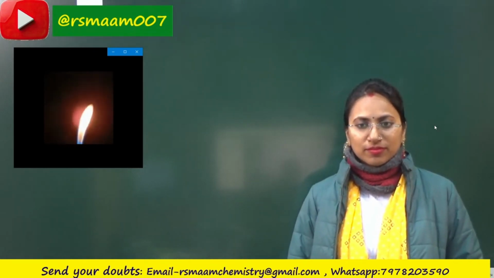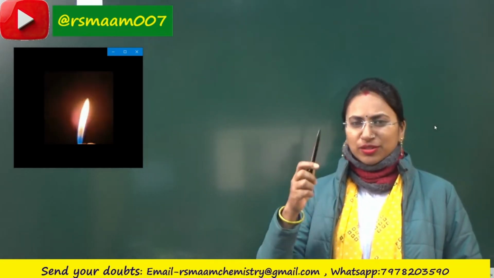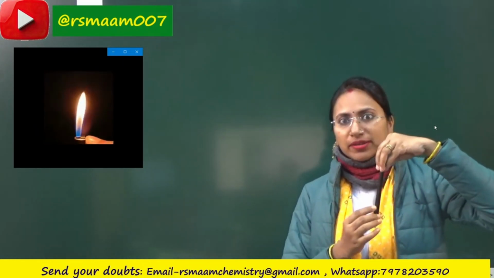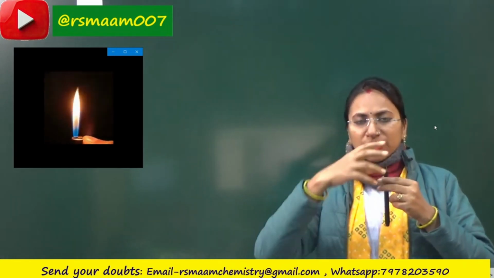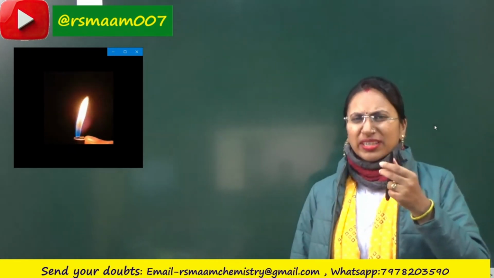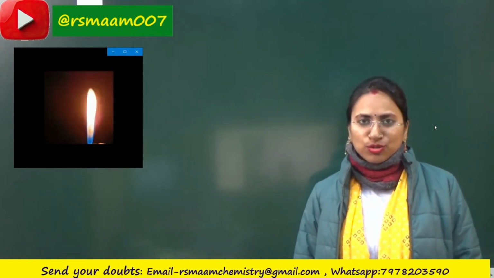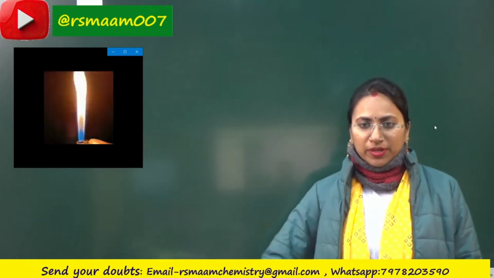Innermost will be the wax part, just outside the wick. The wick is actually carrying the fuel, and just near that is the part which is unburned. Unburned wax vapors are present there. It is the coolest zone of the flame.